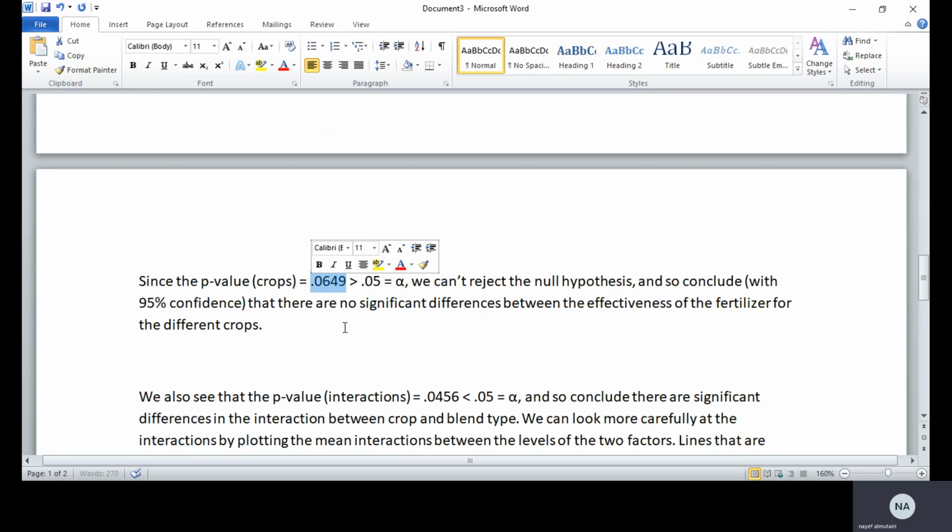All the blends are equal. All the food types are equal. We cannot reject the null hypothesis and so conclude with 95% confidence that there is no significant difference between the effectiveness of the fertilizer for the different crops. Good now? So we go to the next one.